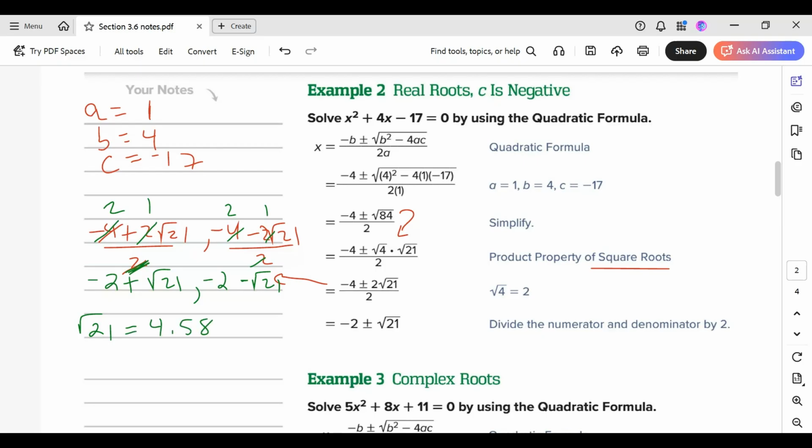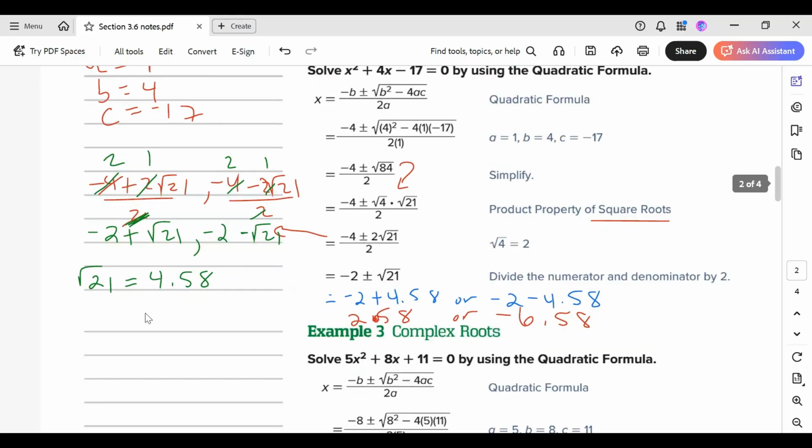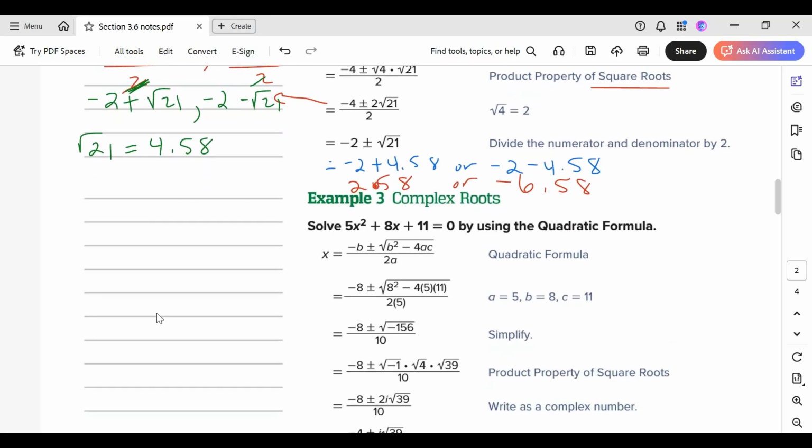So if we had to give a decimal result, we have negative 2 plus 4.58 or negative 2 minus 4.58. So we could have a result of 2.58 or negative 6.58.